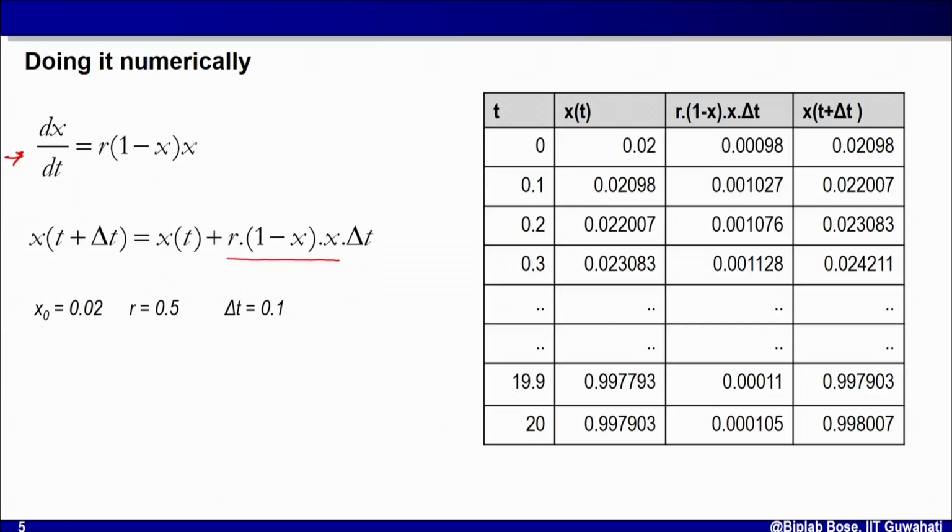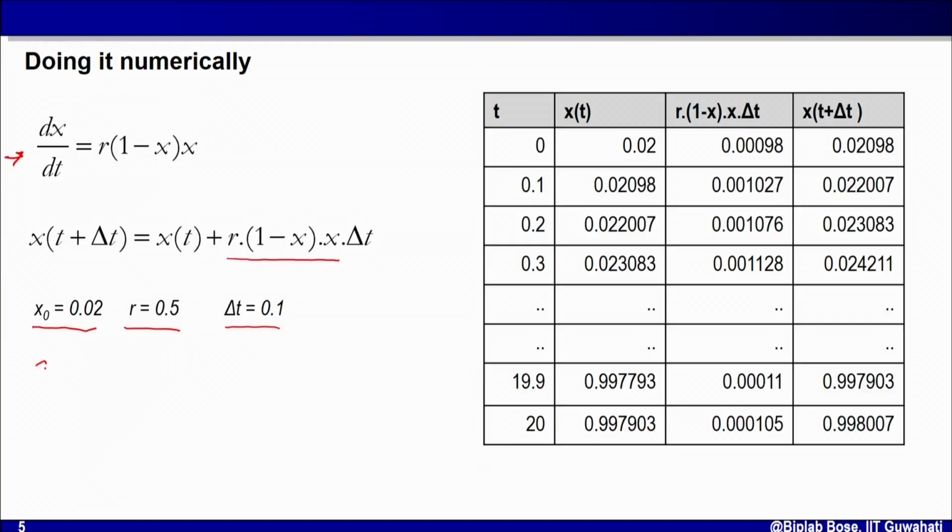If you remember, to solve we require an initial condition. So x naught at t equal to 0 is 0.02, r is 0.5, and delta t, the step of time that we will take, is 0.1. Okay. So now at time t, x is equal to 0.02.